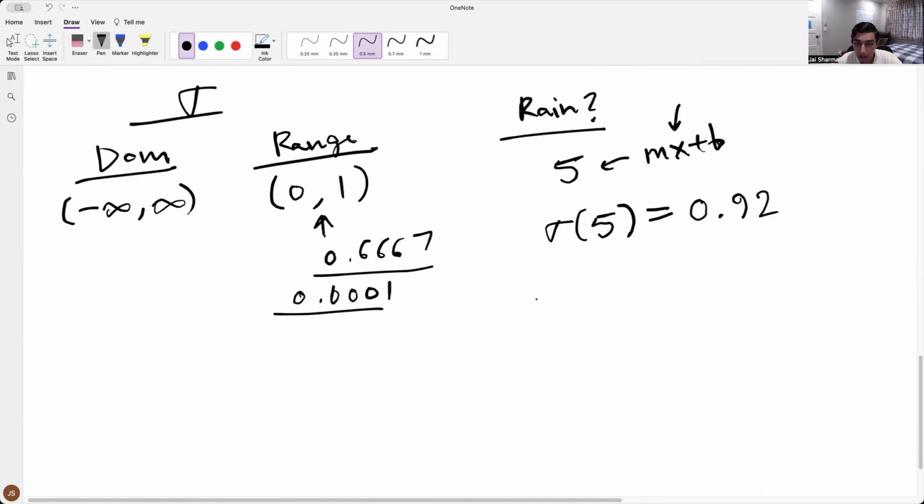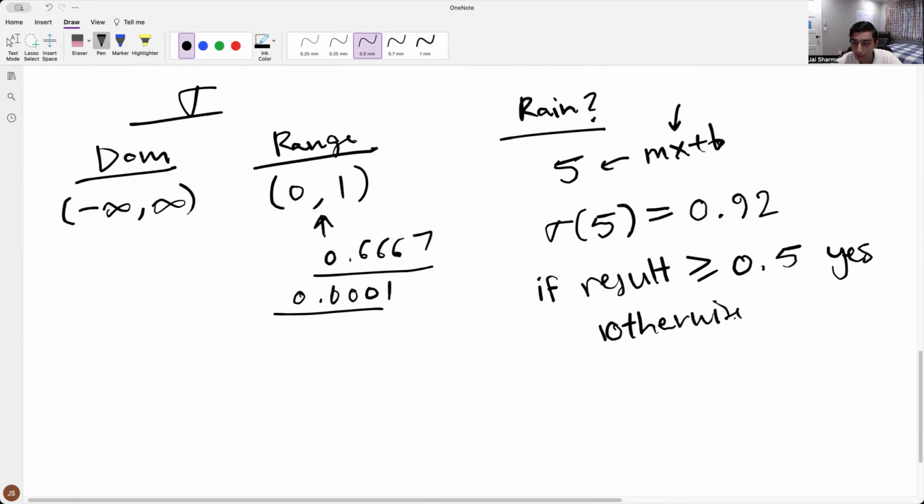And so let's say if the result of all of this computation is greater than or equal to 0.5, then yes, there will be rain. Otherwise, no, it will not rain. That's our prediction. This is how we'll come up with our prediction.